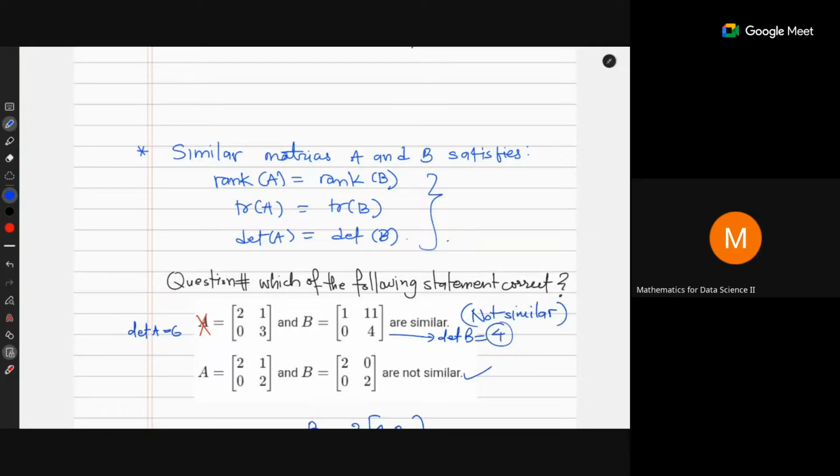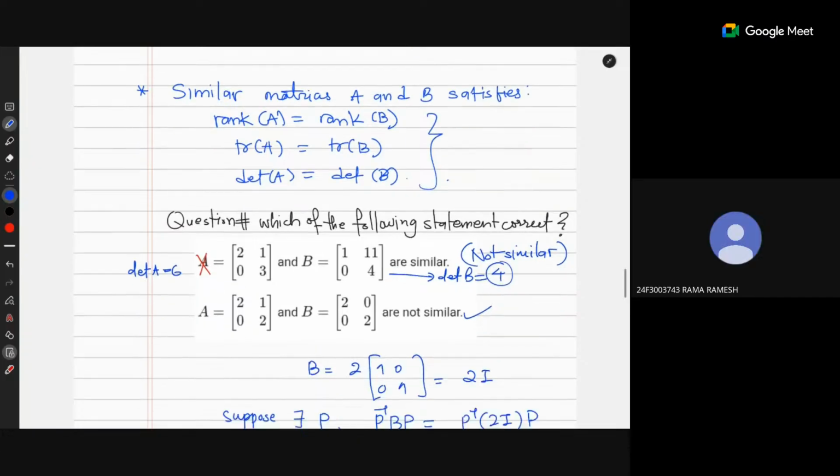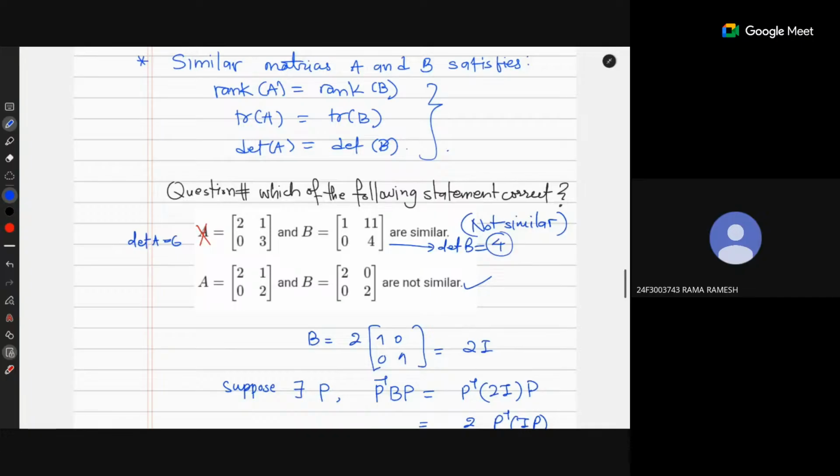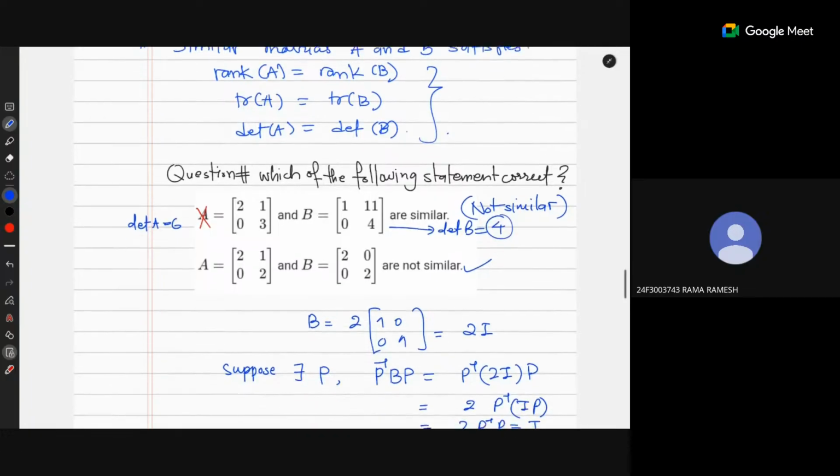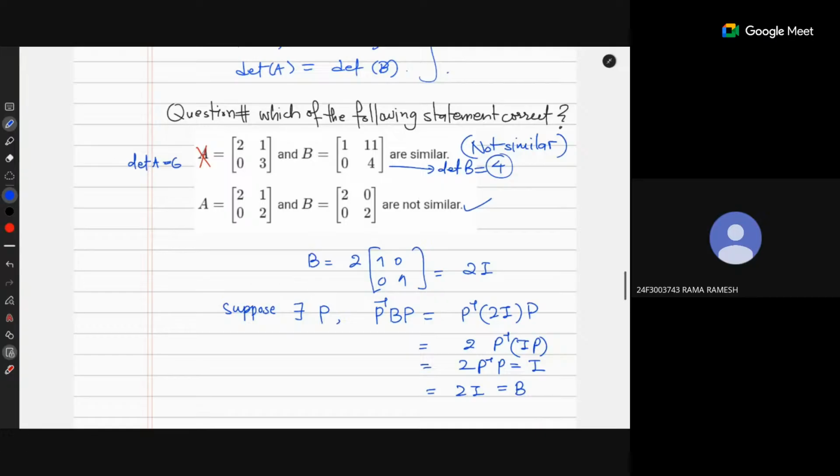Sir, what you told now is the polynomial test. The polynomial test for A and B being the same means that they are similar. But now, using the identity, it says it is not similar.